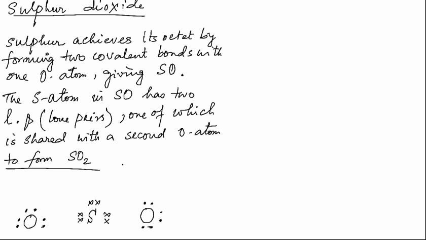Let us now find how the bonding occurs. The sulfur achieves its octet by forming two covalent bonds with one oxygen atom, giving rise to SO. So here is the formation of the covalent bond. There is the presence of a lone pair, and this lone pair is shared with another oxygen atom, giving rise to SO2.